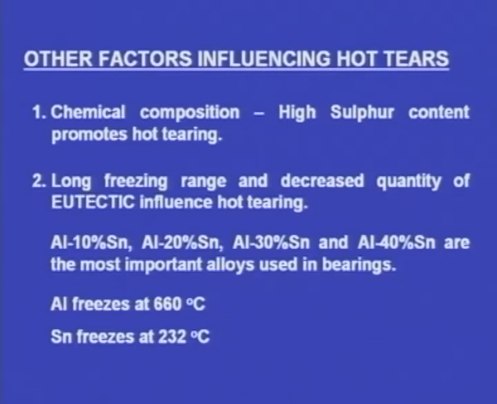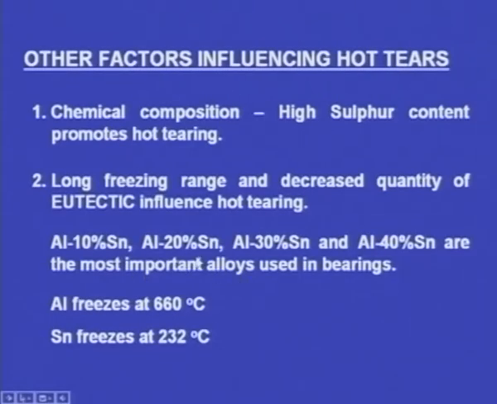For example, aluminum tin alloy is used in the bearings. Aluminum freezes at 660 degrees centigrade, whereas tin freezes at 232 degrees centigrade, and depending upon the composition, the freezing may start at 660 degrees centigrade and it may go on up to 232 degrees centigrade.